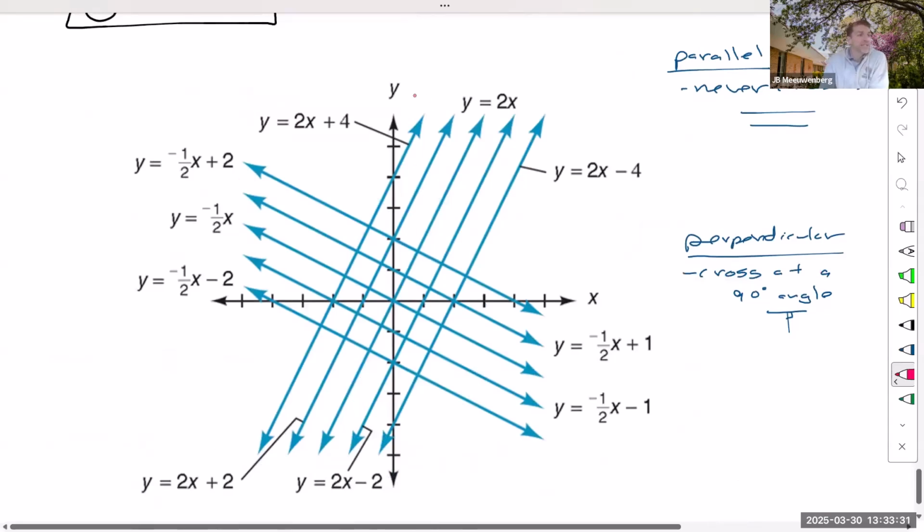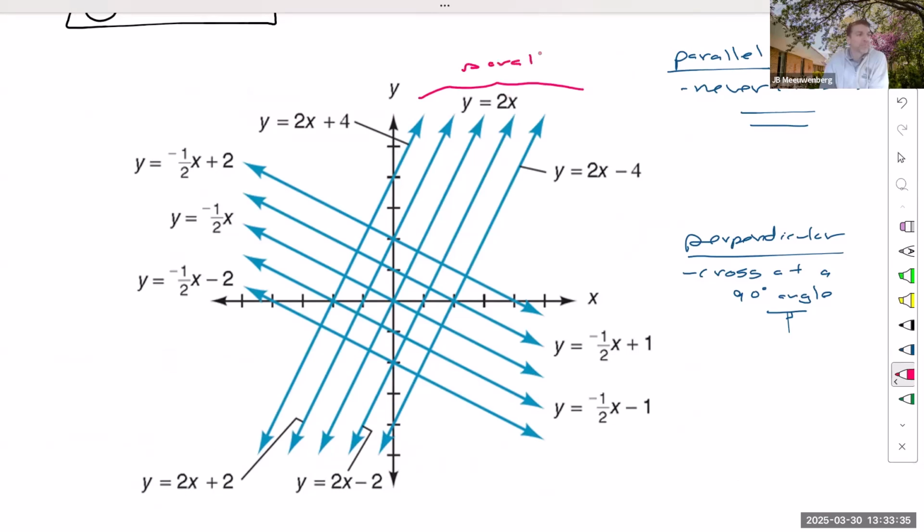These lines right here are all parallel. And note their slopes. 2, 2, 2. Actually, it's 5 lines. All 5 of those lines have the same slope. Also notice these 5 lines.